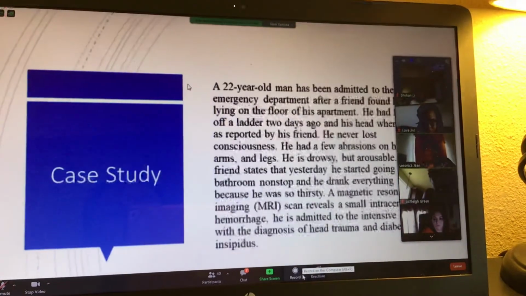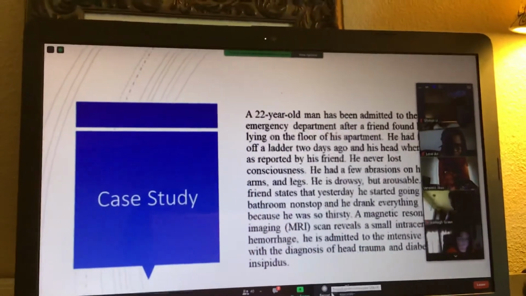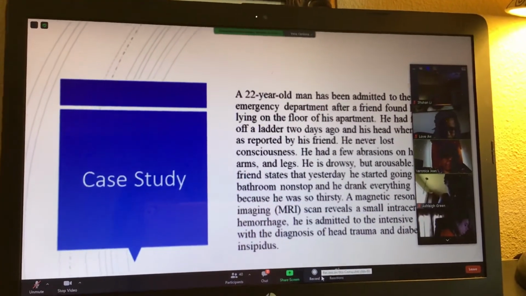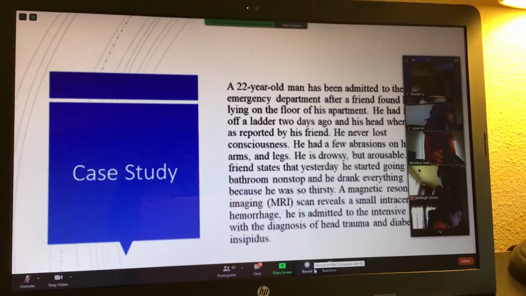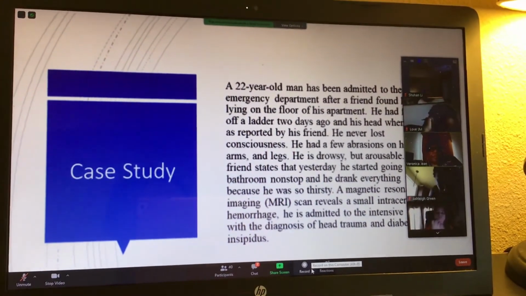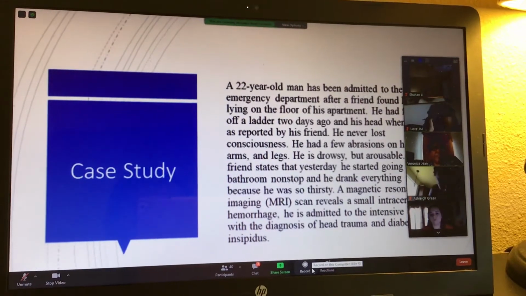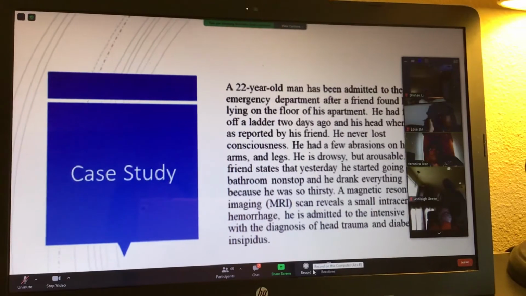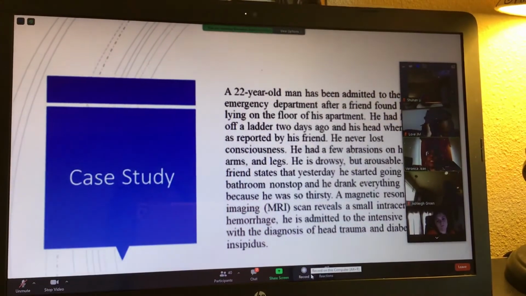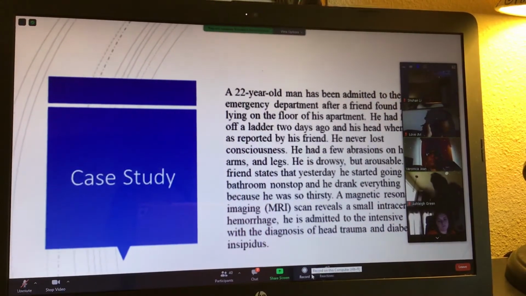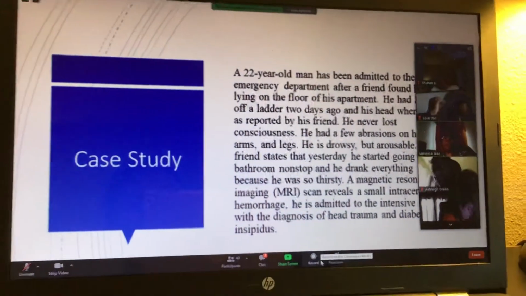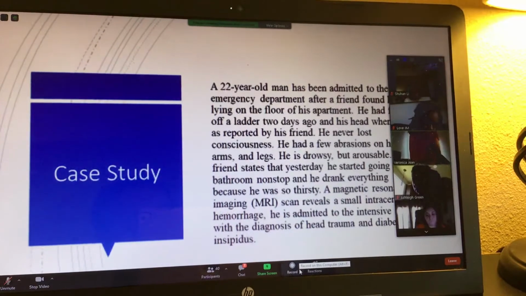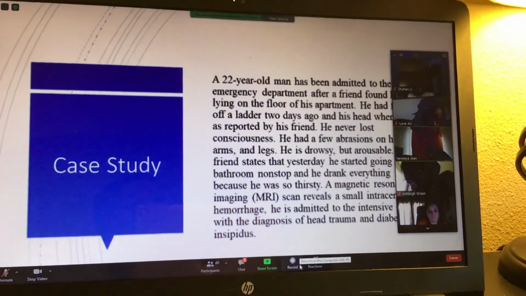Thanks. All right. So here is a person that enters the ED. Now this has to do with diabetes insipidus and SIADH. So this person, I think I told you what his problem is. He fell off a ladder several days ago, and he lost consciousness.